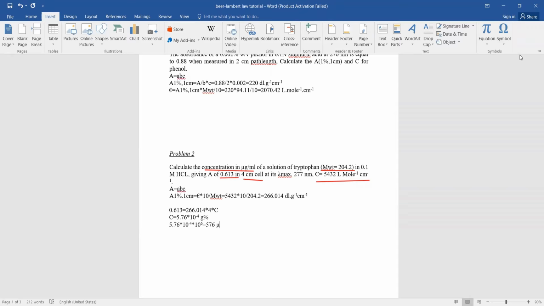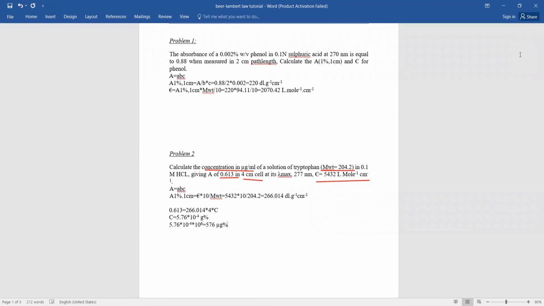Microgram, okay, percent, or per 100 milli. We wanted per 1 milli, so we have 576 microgram in 100 milli.